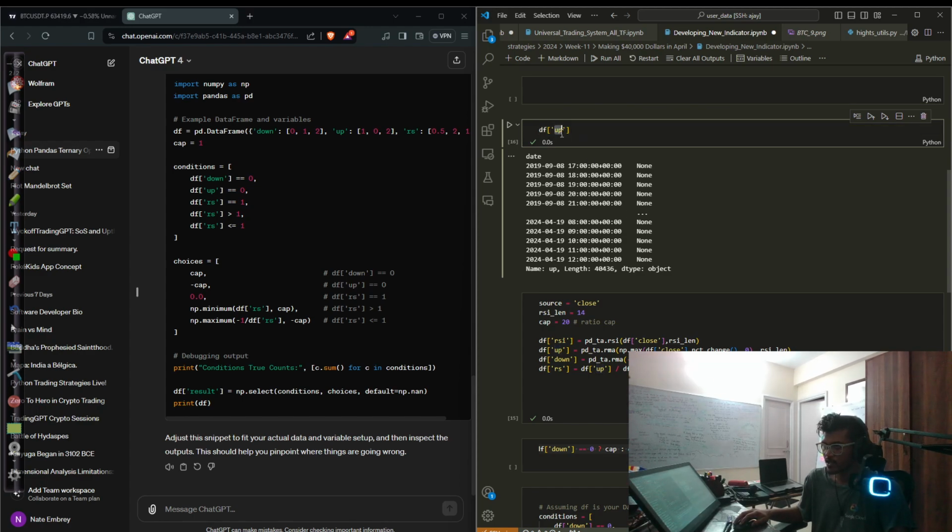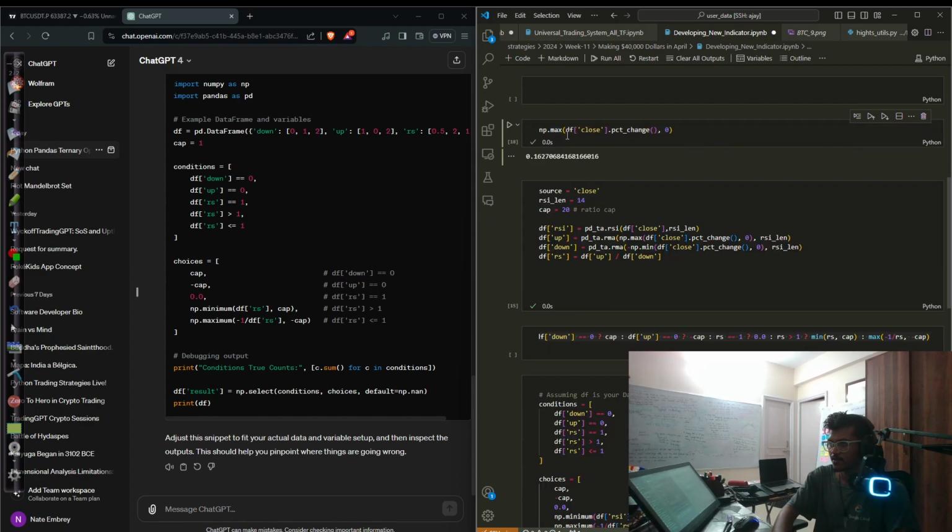So let's diagnose. Close dot percentage change is this, right? Now zeroing that with np.max, what it does, zero what, maximum.